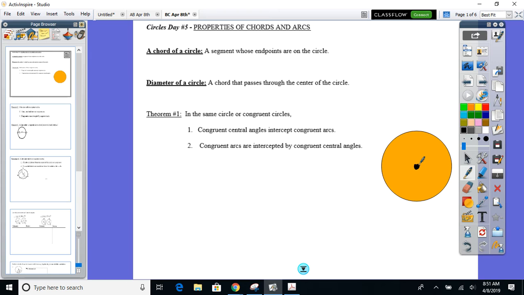And what I'd like you to do right now as I walk around is draw two central angles that look about the same length, the same measure. Label them with letters too, please. Mark them congruent. Two central angles, labeled, and make them congruent with the appropriate markings.